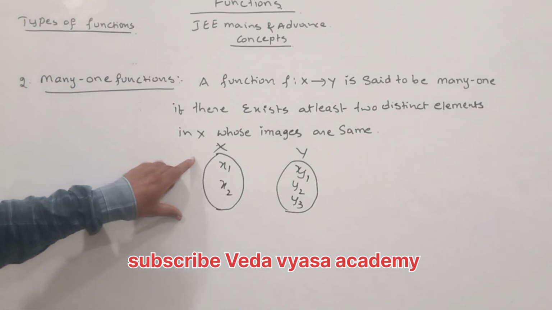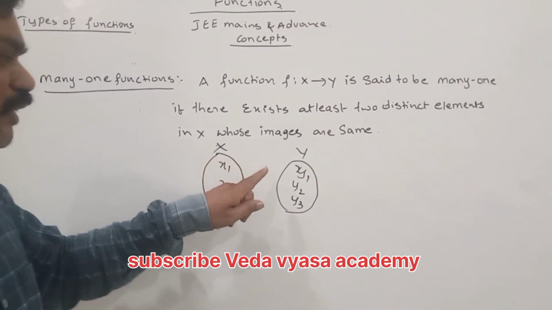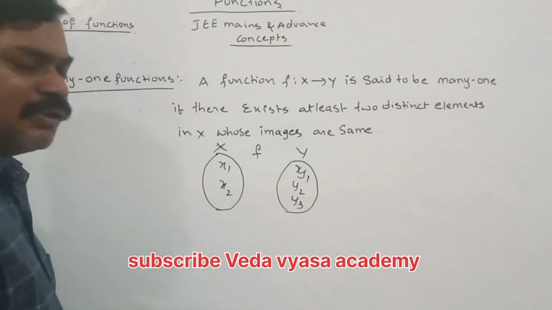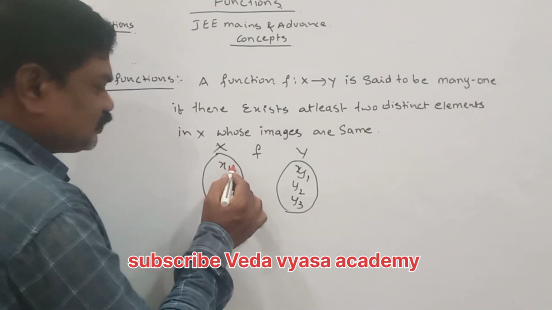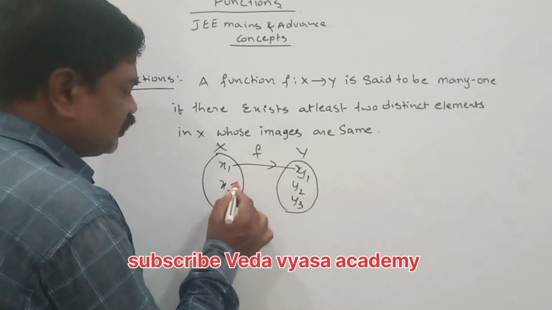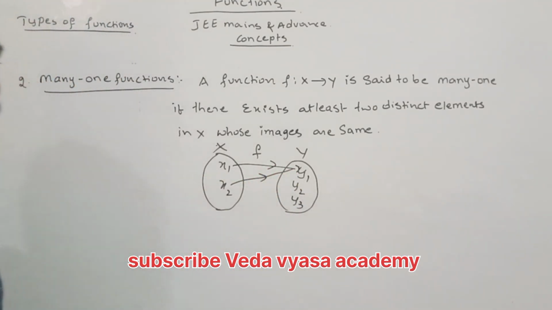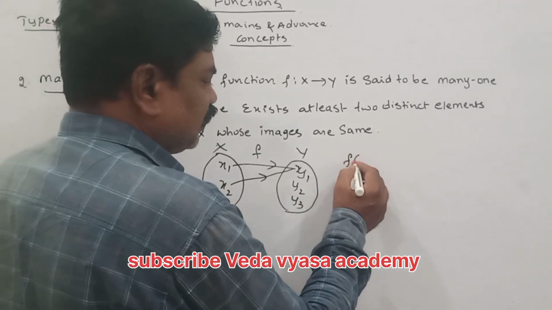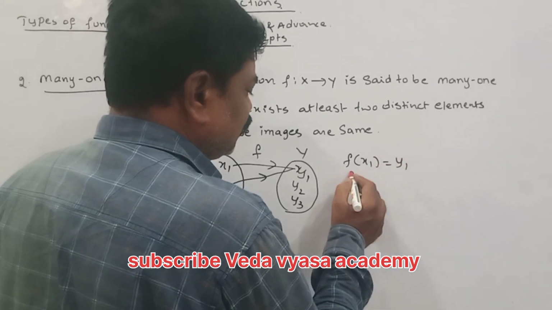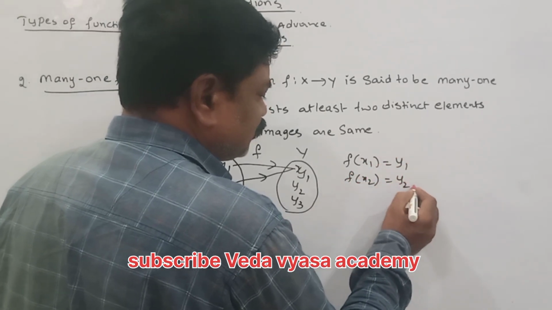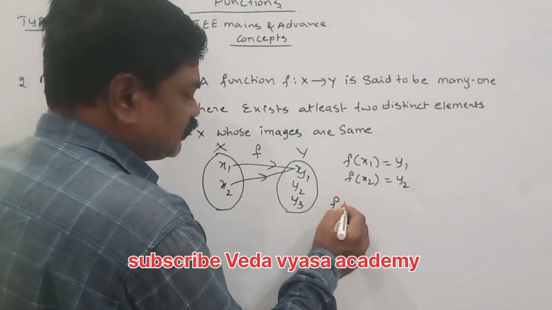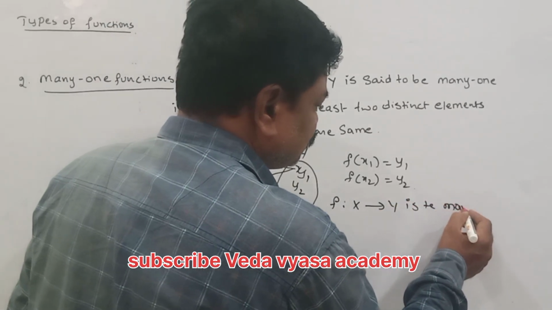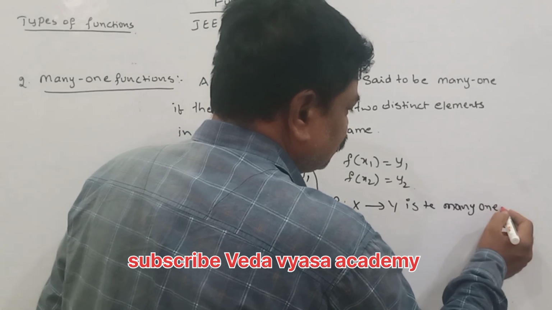The set x has the elements x1, x2, and set y has the elements y1, y2, y3. f is the function from x to y. Suppose two elements have the same image in y, that is f of x1 is equal to f of x2 is equal to y1. Then we say f from x to y is a many-one function.